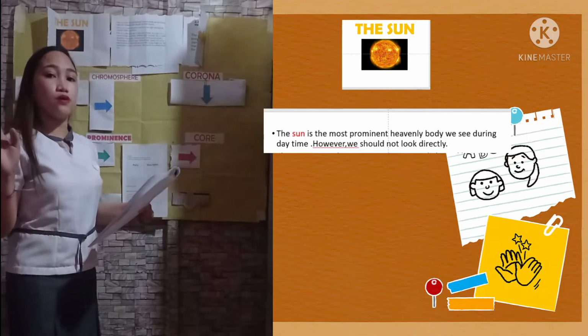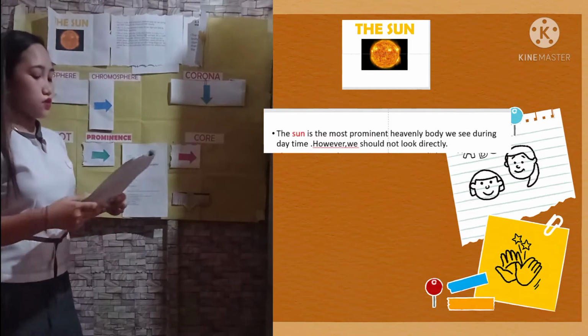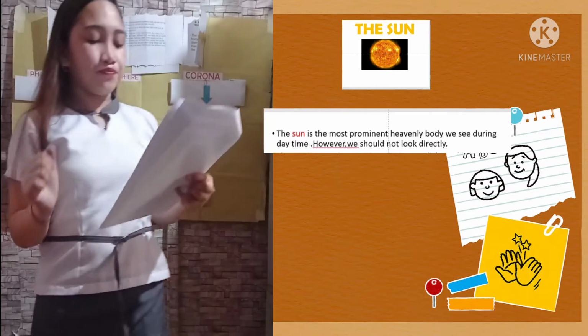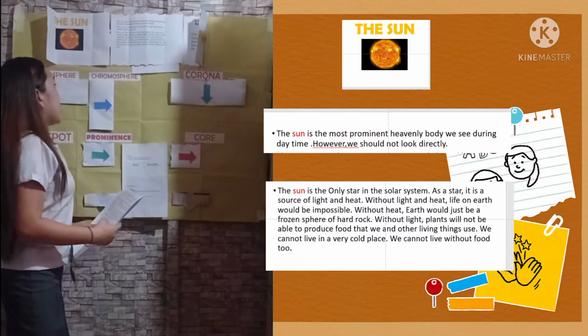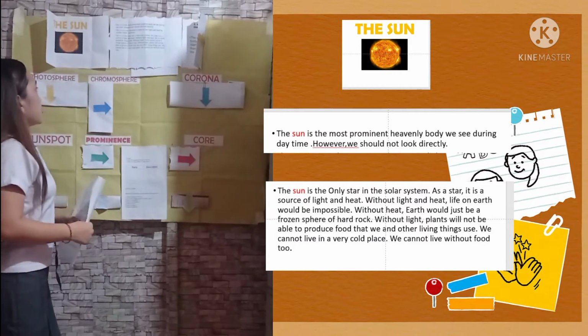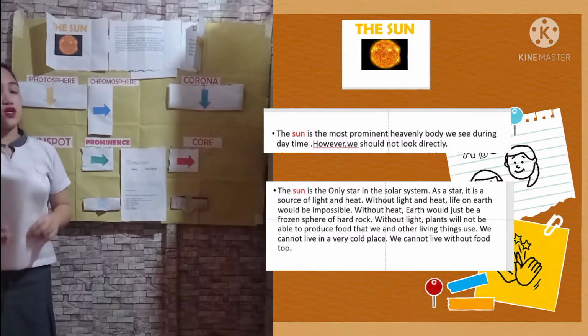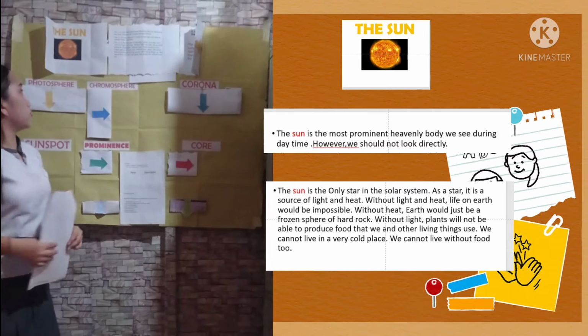Who wants to give another answer? What is the meaning of the sun? Yes, Carla? Yes, right. The sun is the only star in the solar system. As a star, it is a source of light and heat. Without light and heat, life on Earth would be impossible.